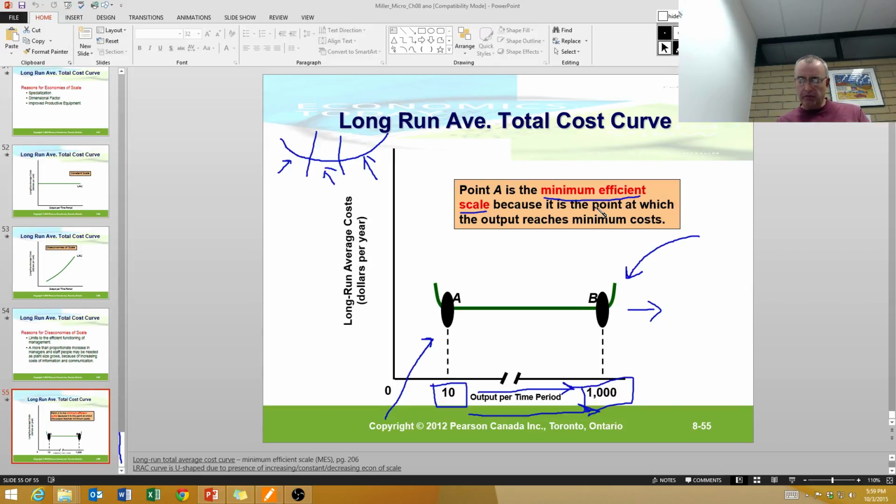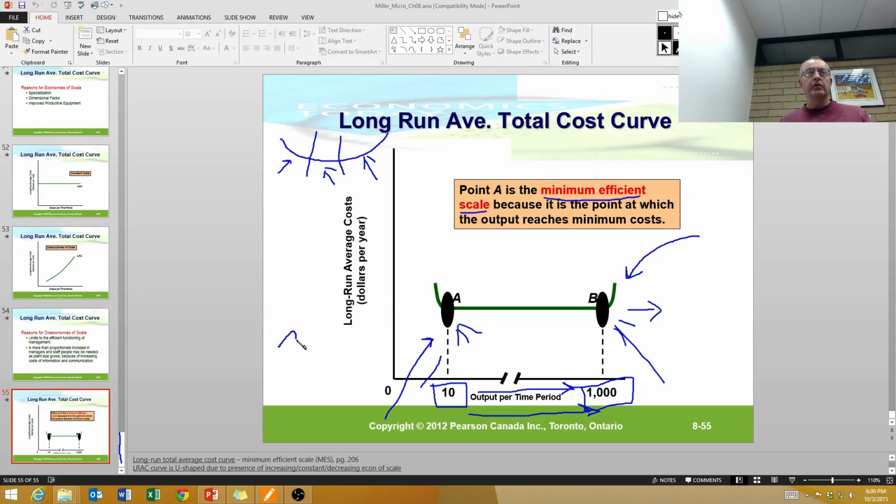So this concept of minimum efficient scale is the lowest level of output at which the long-run average total costs are minimized. And it means that larger sized operations have no cost advantage over smaller sized operations.